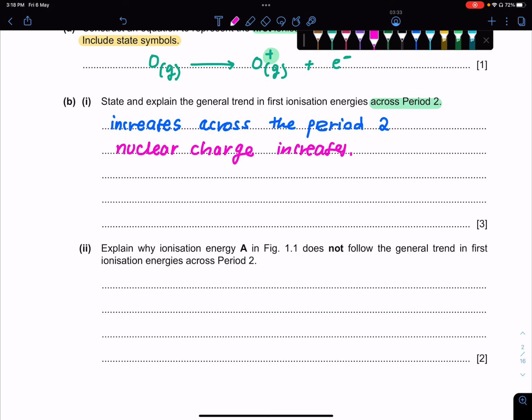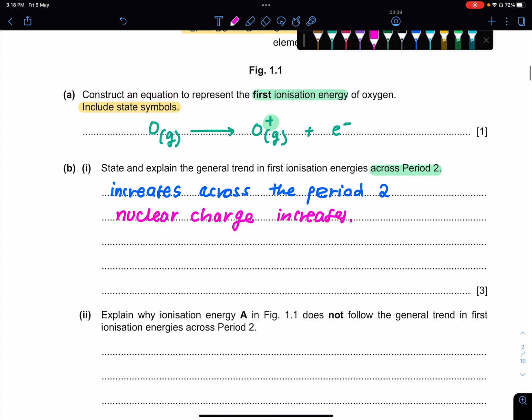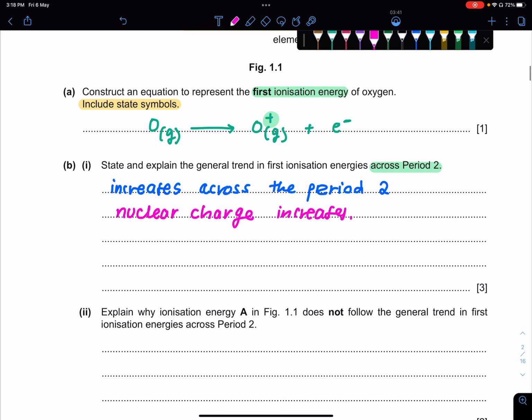Electrons are being added to the same quantum shell, the valence shell, not the subshell. So nuclear charge increases, the distance between nucleus and outer electron remains reasonably constant, and the shielding effect is constant.